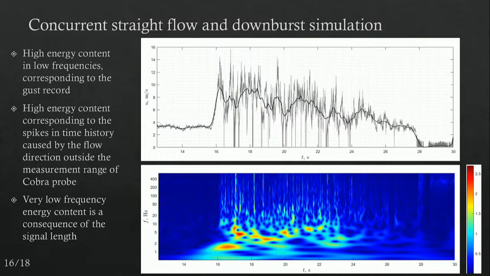Again, if we do a continuous wavelet transform on this, we can see here that there is a very strong energy content at very low frequencies, corresponding exactly to the time period when the impact jet is directly on the Cobras. And this is something that we expected, and this is something that we want to show also for the Bora wind.